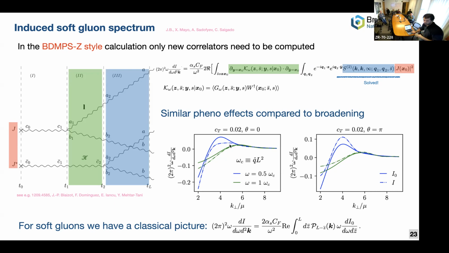When you compute the gluon spectrum as a function of omega, the gluon frequency, and k, the gluon transverse momentum, you find a behavior similar to what I showed for the Brownian distribution. When the gluon is emitted along the direction where the gradients increase, it will bend.